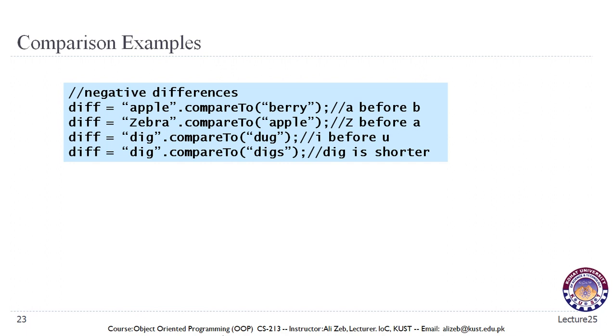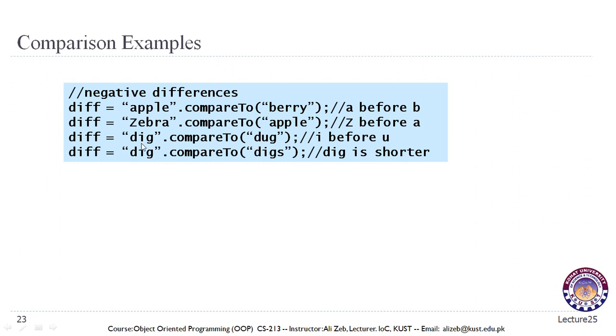But we can look at the characters in the string and figure out how the comparison works. So apple compared to berry should return a negative number, and zebra, the capital Z, comes before the small a. That is how you are going to compare it.